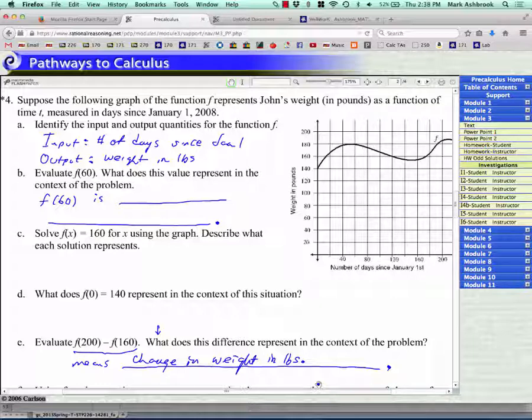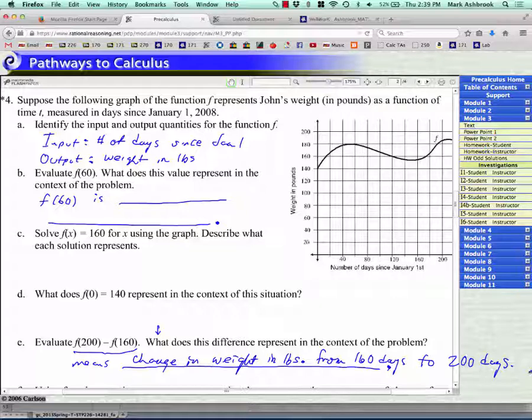We know exactly when that change in weight occurred. When did it change? From when to when? From 160 days to 200 days. It's a specific change in weight. So it's the change in weight, 160 days to 200 days.